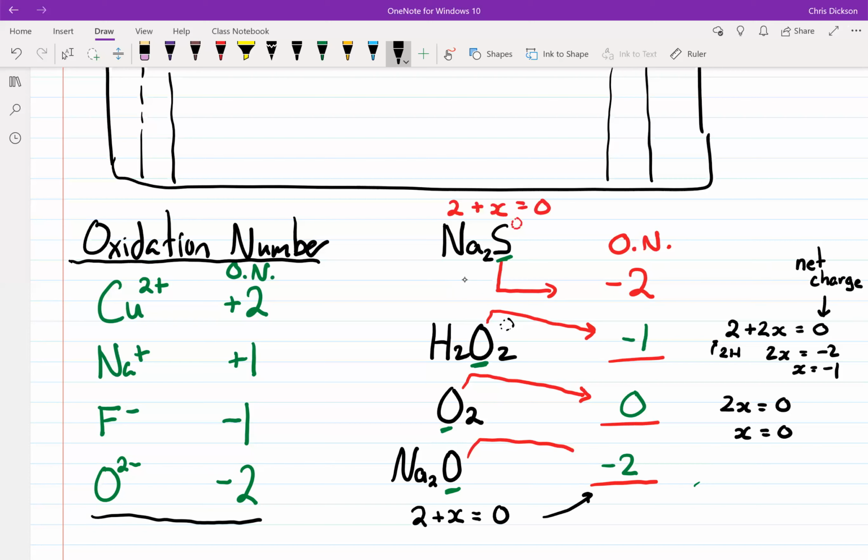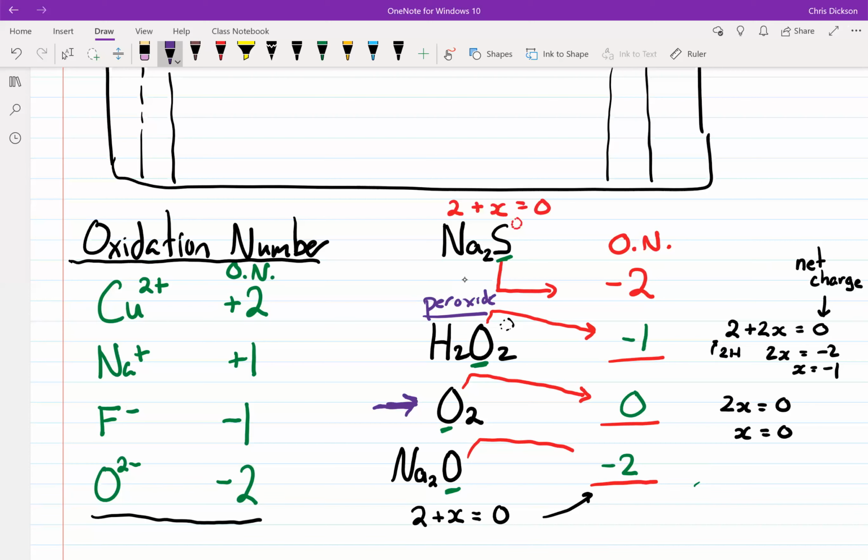Thankfully, there are only two obscure cases. If it's in the form of a diatomic, then oxygen will always be 0 for its oxidation number. And if it's ever in a peroxide, like hydrogen peroxide, then the oxidation number is -1. Other than that, it's always going to be -2, or I should say not always.